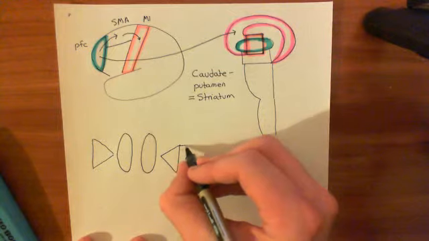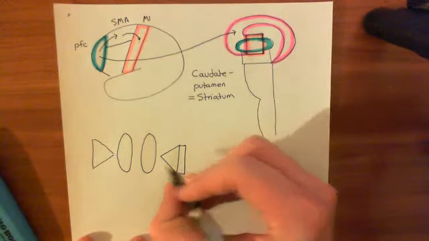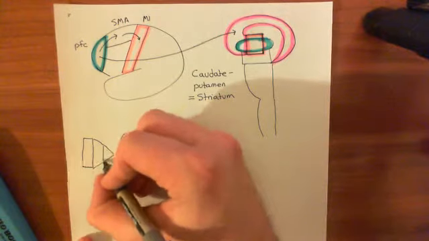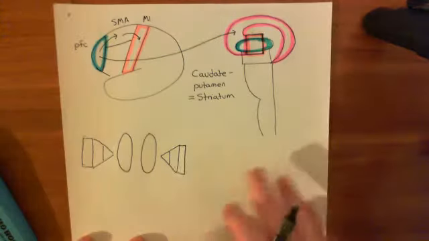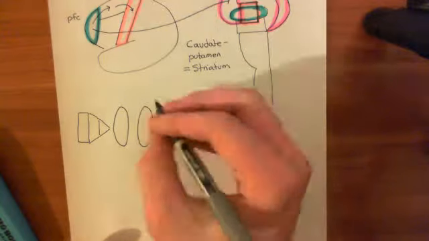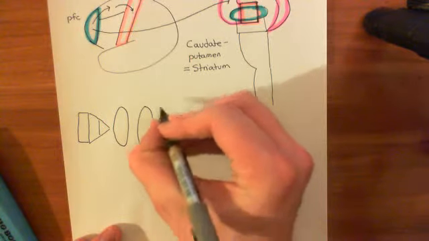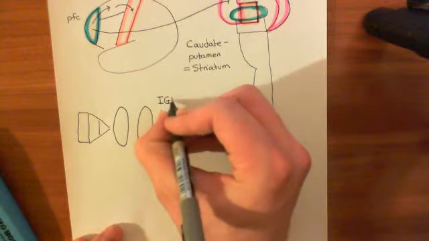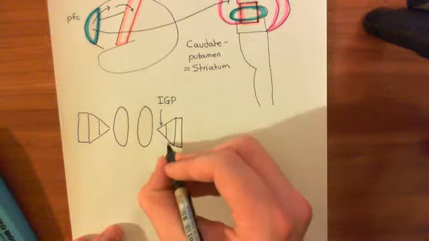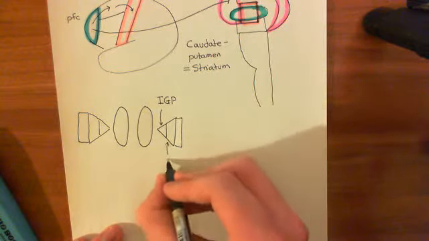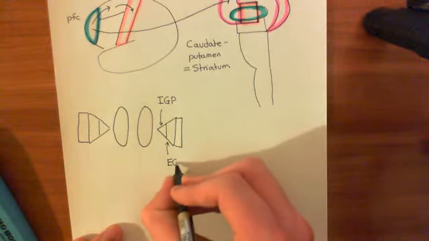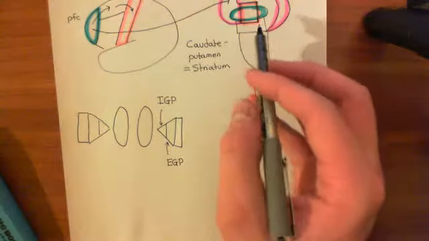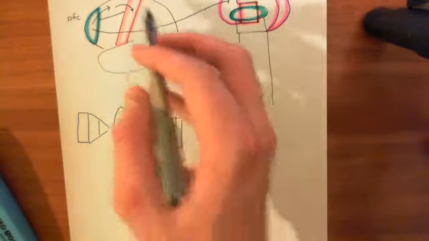I'm going to make this slightly bigger. So we'll have this as the putamen as this outer structure. Okay. And then we'll divide the globus pallidus into the internal globus pallidus and the external globus pallidus. So the internal globus pallidus is often abbreviated to the IGP, and the external globus pallidus will abbreviate to EGP.